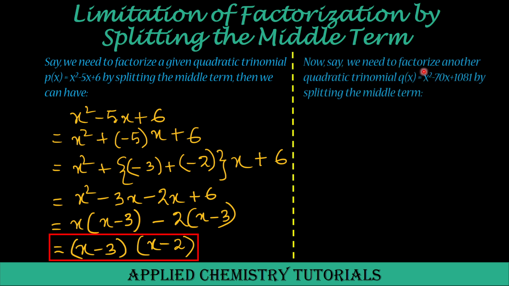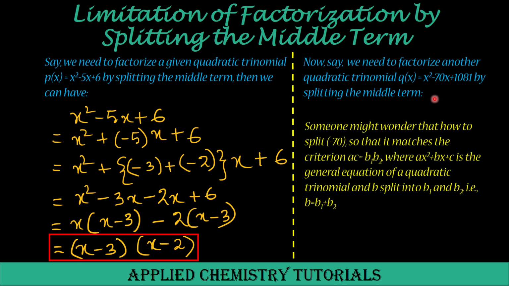Now say we need to factorize another quadratic trinomial q(x) equals x square minus 70x plus 1081 by splitting the middle term. So someone might wonder how to split minus 70 so that it matches the criterion, which is AC equals B1 B2, where ax square plus bx plus c is the general form of a quadratic trinomial, and b is split into B1 and B2, that is b equals B1 plus B2.